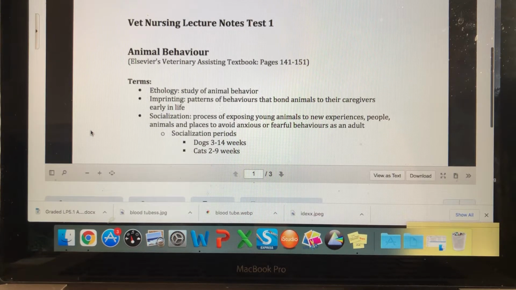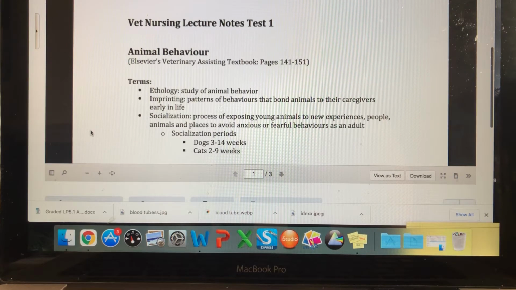And then socialization is something that we talk about tons with dogs and cats. So it's all well and good for a wild animal to not want anything to do with people. But if you have a pet animal in your home, you're going to want an animal that's pretty adaptable and able to handle a lot of new experiences. And socialization is going to help with that. So socializing a puppy or a kitten is the process of exposing them to new experiences, people, animals, and places.